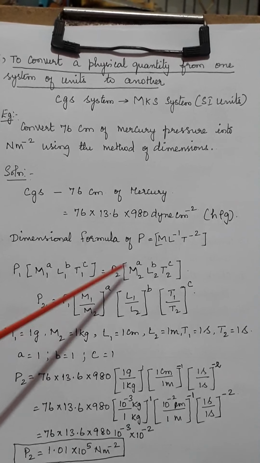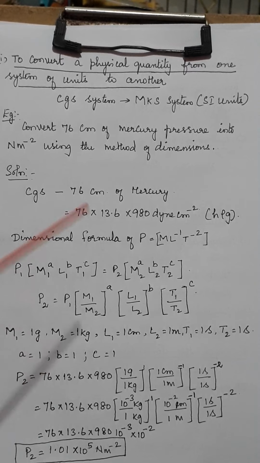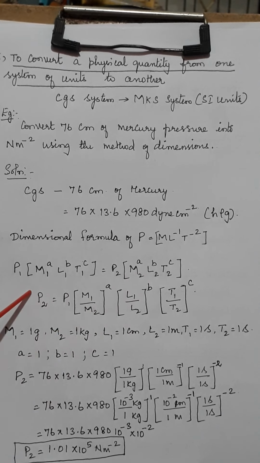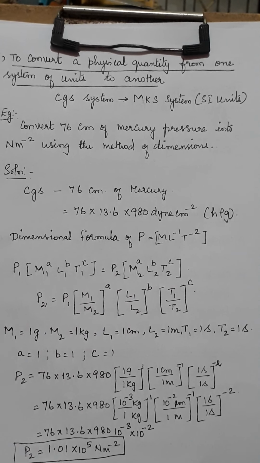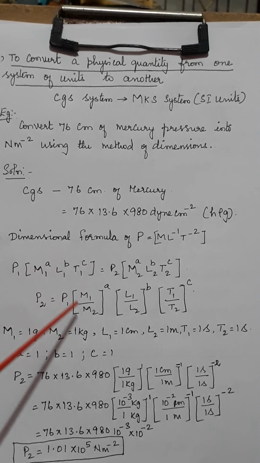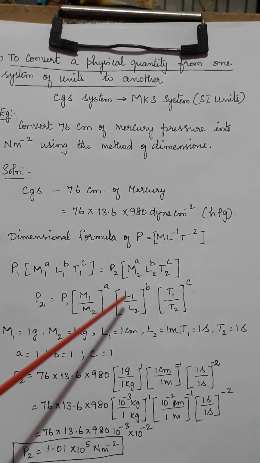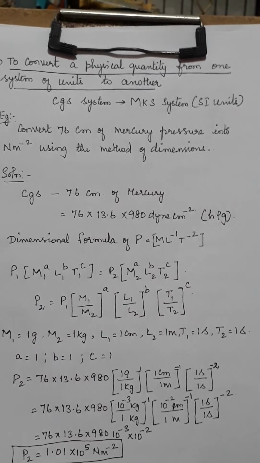Then M2 will come here, L2 will come here, T2 will come here. Everything is power the same. So I can write it as M1 divided by M2 power A, then correspondingly power B, correspondingly power C.